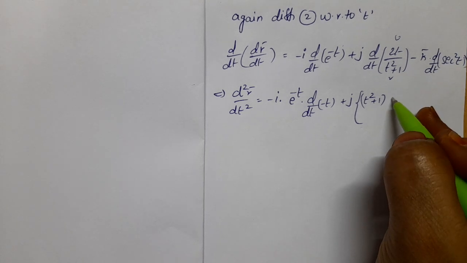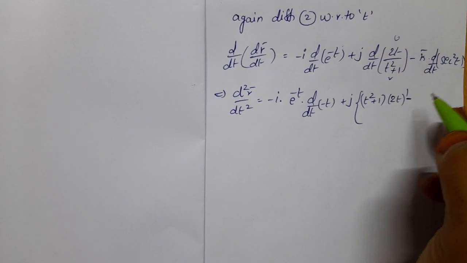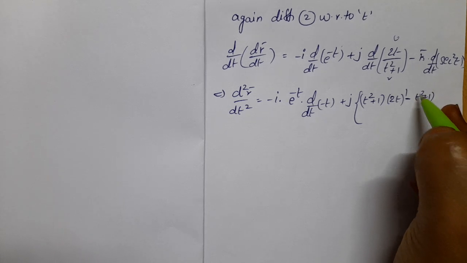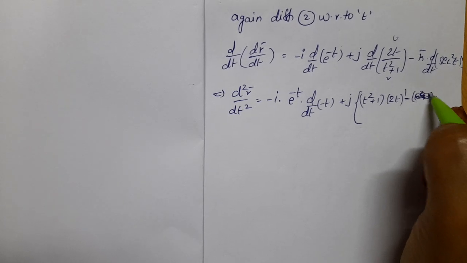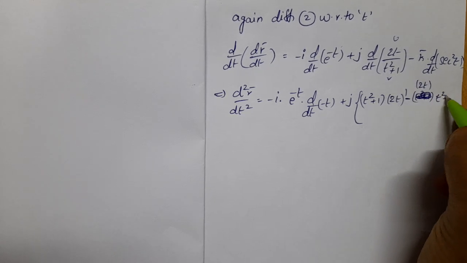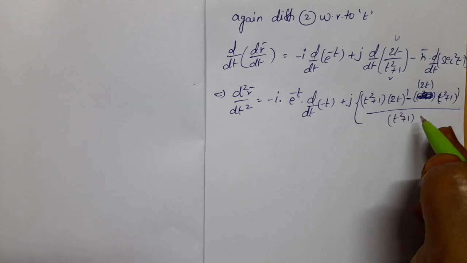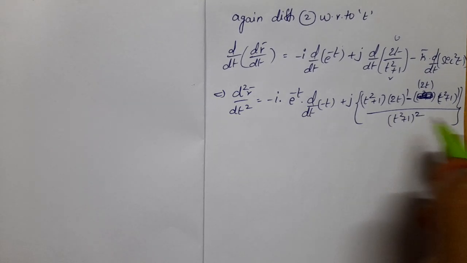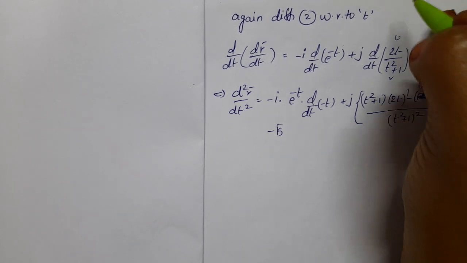v into the derivative of u minus u into the derivative of v, by v square. Minus k, this is in the form of x power n.